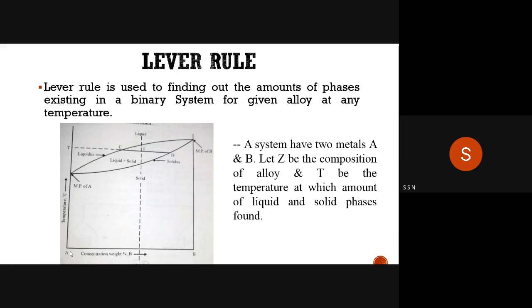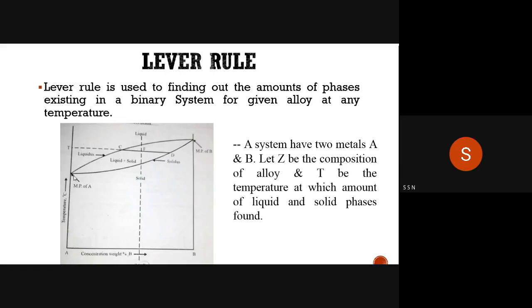Metal A, left side vertical line represents pure metal A, and right side vertical line represents pure metal B. The melting point of metal A is shown exactly at the left of that phase diagram, and the melting point of metal B is shown exactly at the right of that phase diagram.